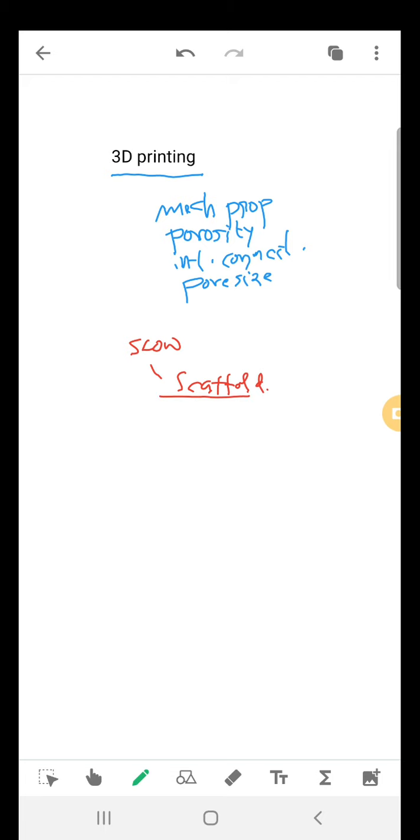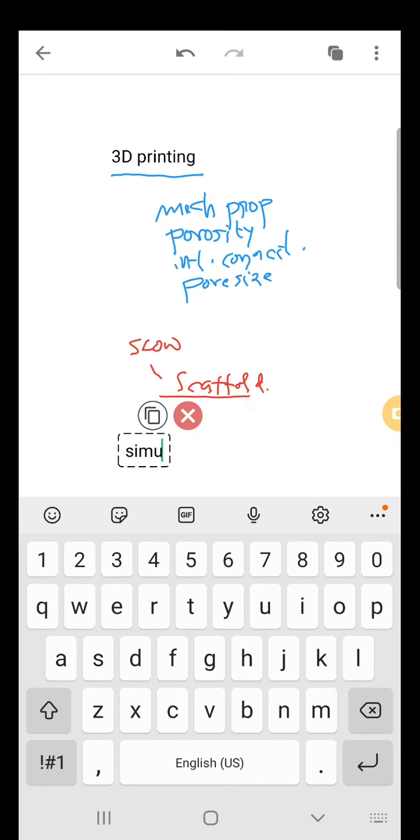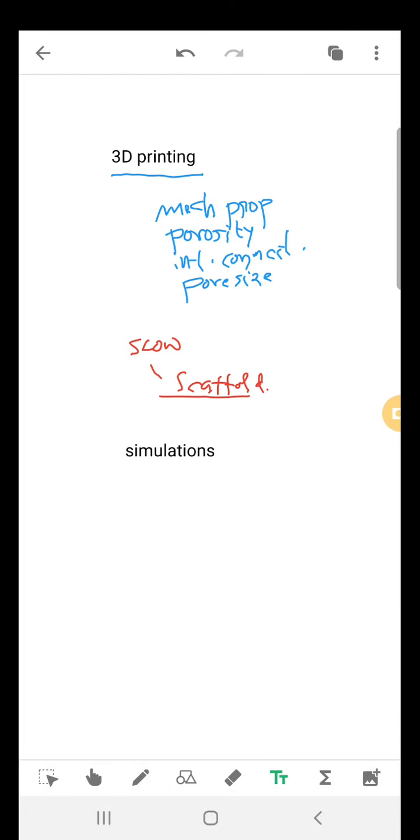So what people have switched on to is simulations, to save the time and energy and money, whatever is required.